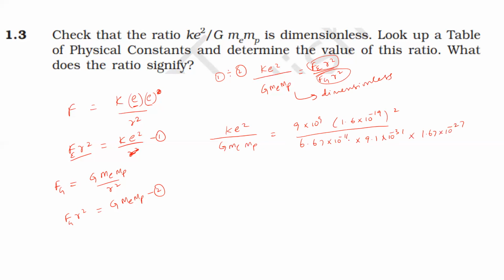By simplifying all this, we get nearly 2.4 into 10 power 39. So this is the ratio between electric force and gravitational force, when the electric force and gravitational force are acting between particles separated by distance r. For this we are getting this much answer.